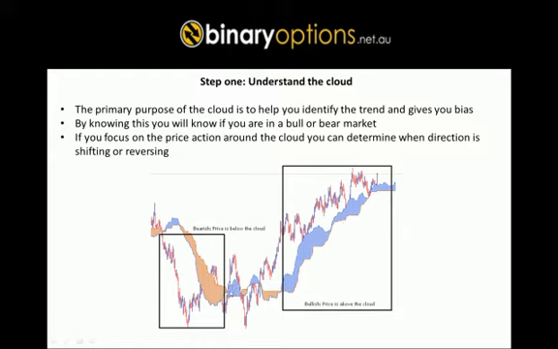And of course, if you have a changing cloud every hour or so, depending on the time frame you are analyzing price action on, you are in a range. But this is the main thing. You have to understand what the cloud is. The cloud is simply the bias that you get from this indicator. And in fact, it's not an indicator, it's a chart itself.